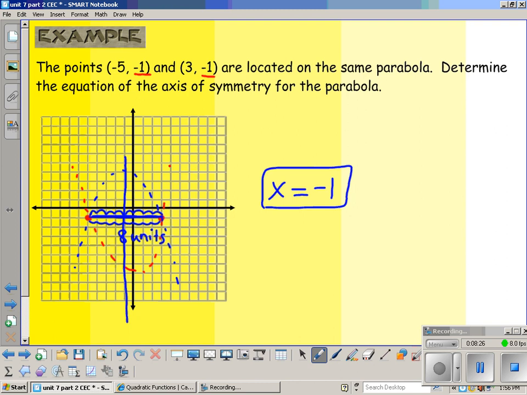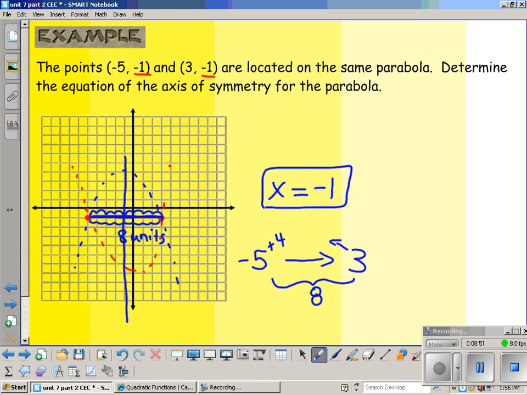So by actually drawing it on the graph, we can count it out. If you don't want to graph it, look at your x-coordinates. We have an x-coordinate at -5, and we have one at +3. Ask yourself, how many units are between -5 and 3 on a number line? And you will know that there are 8 units. Half of 8 is 4. So moving to the right, we would have to add 4.